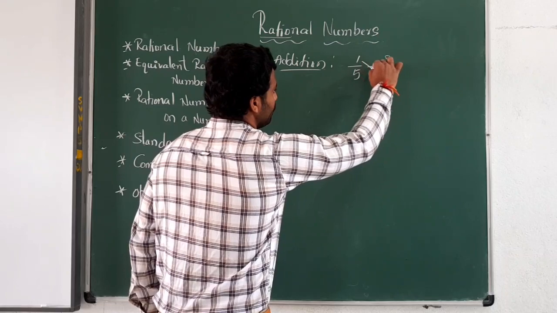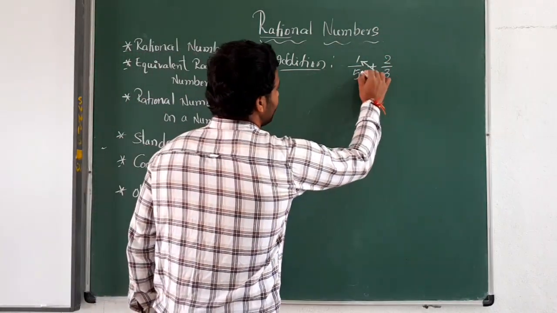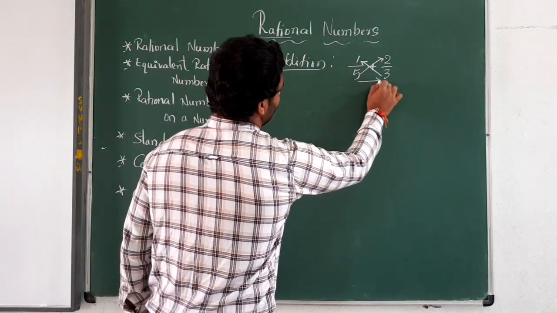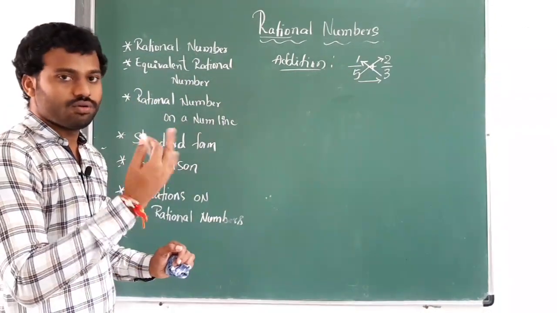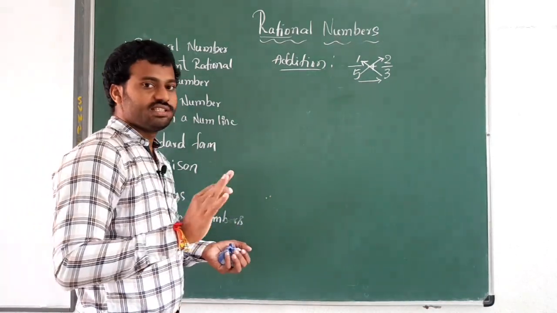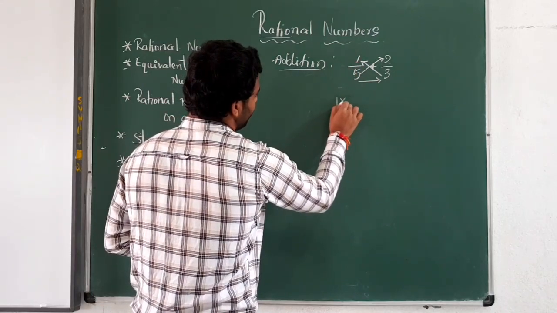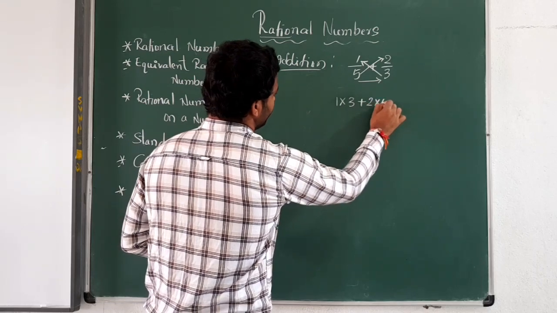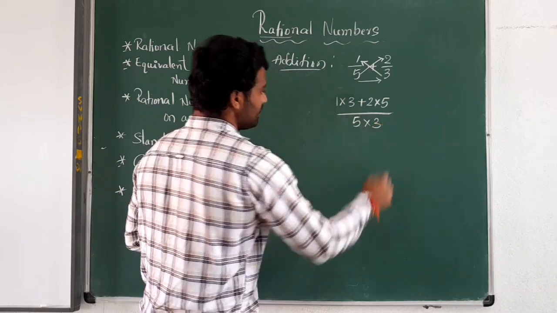First what you have to do? 3 into the numerator of this one. Later 5 into the numerator of this one. Later both the denominators you can multiply. If negative signs are there, you can go with the negative sign. Don't change the sign. So what you get? 1 into 3 plus 2 into 5 all divided by 5 into 3.